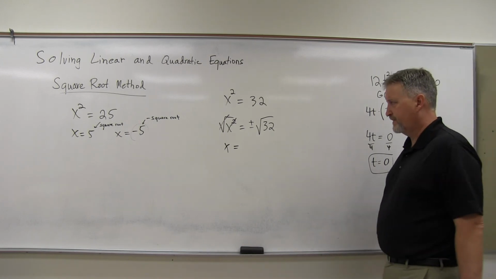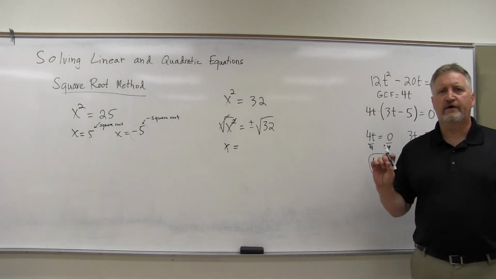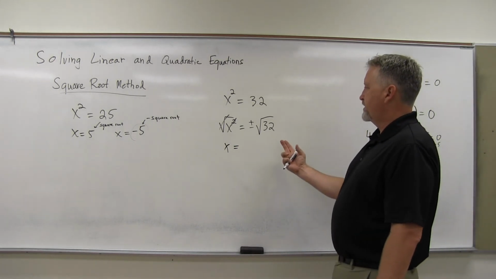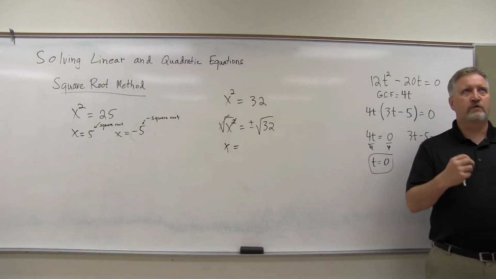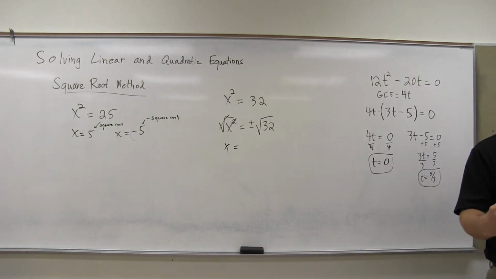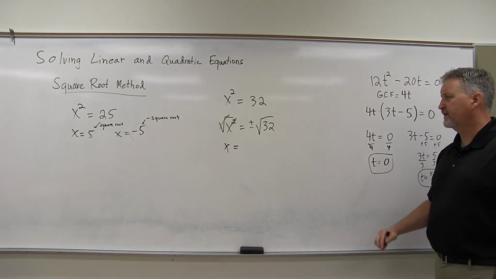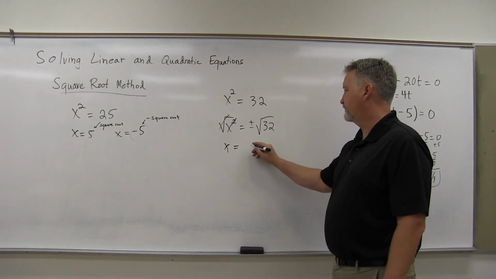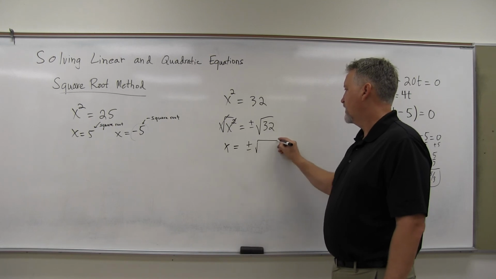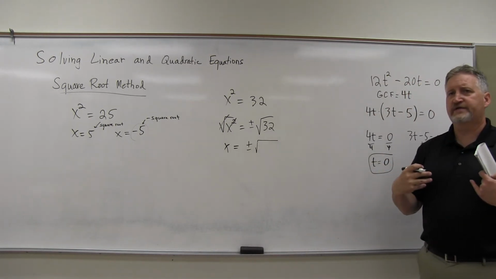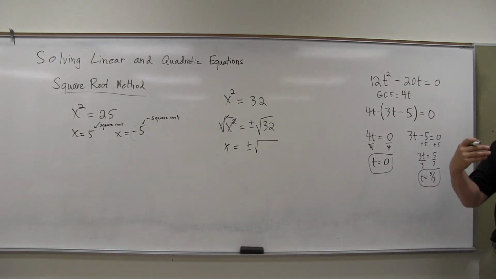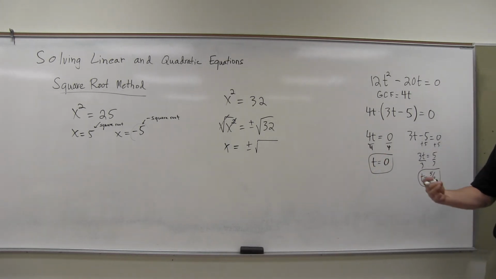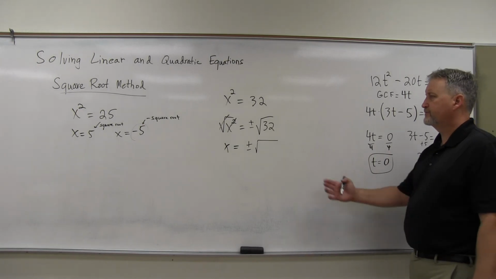Now, the other thing is, typically on these, unless it's an application or something like that, they typically do not want you to round off. So we need to think about simplifying this radical, the square root. The way I think of it is, you look for perfect square factors like 4, 9, 16, 25. Look for factors like those of your number.